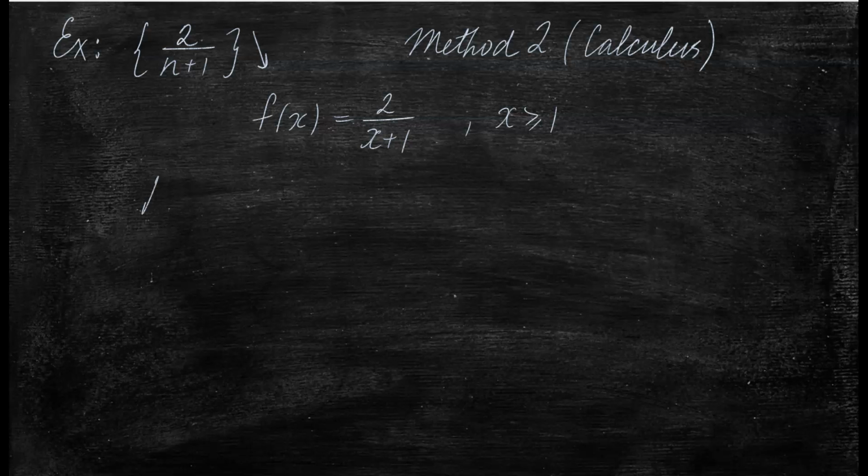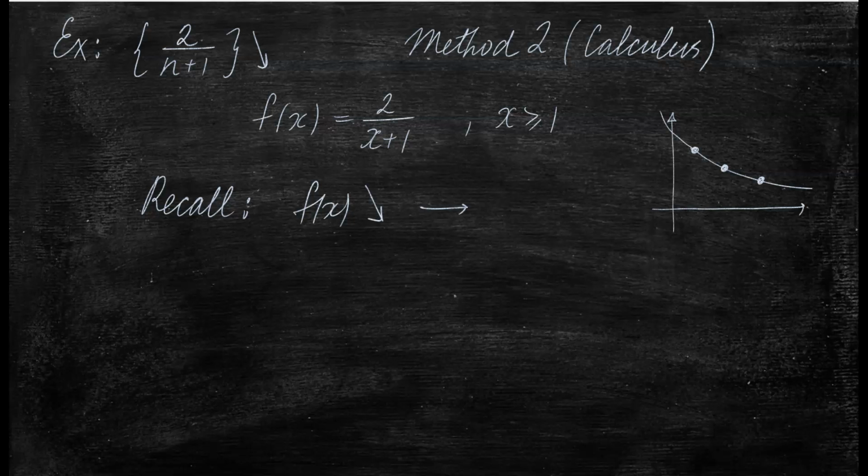Recall that if this function is decreasing, then the sequence also must be decreasing because it lives on this function. And we can identify when f of x is decreasing when the derivative of this function is less than 0.